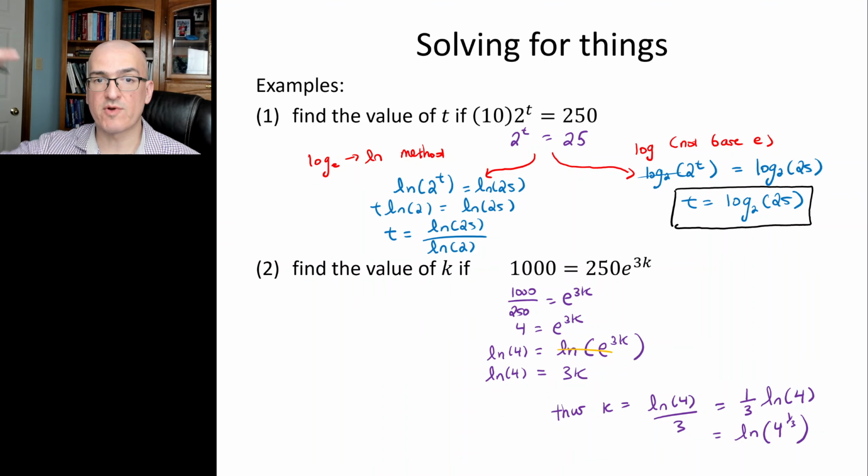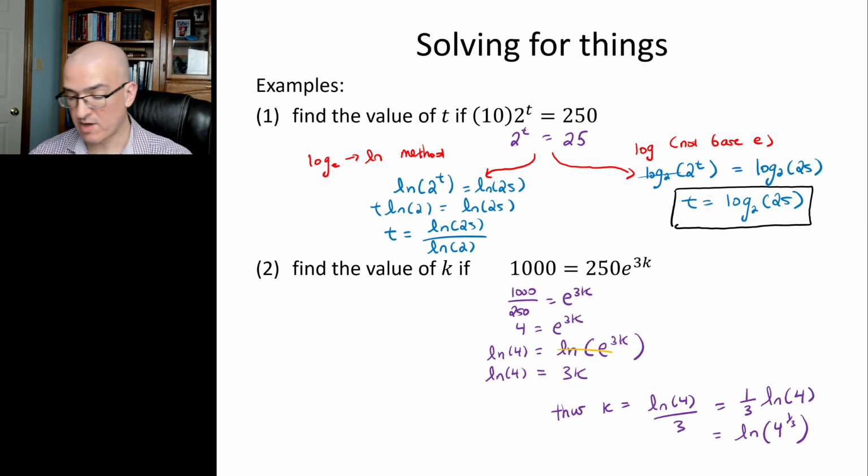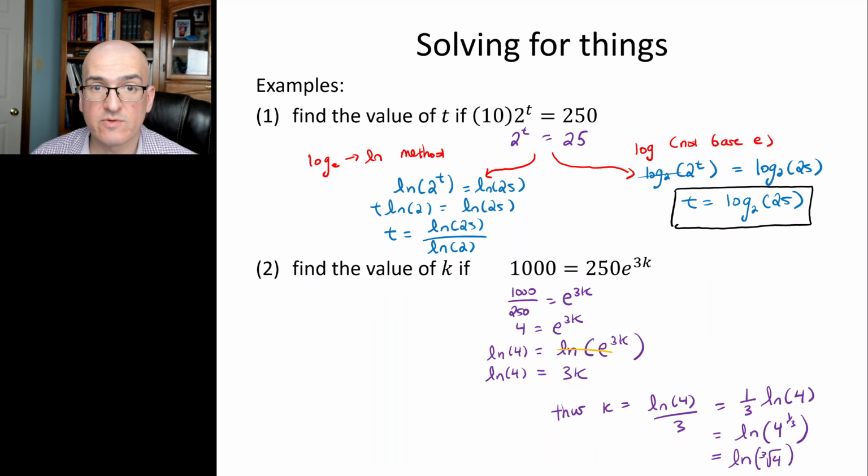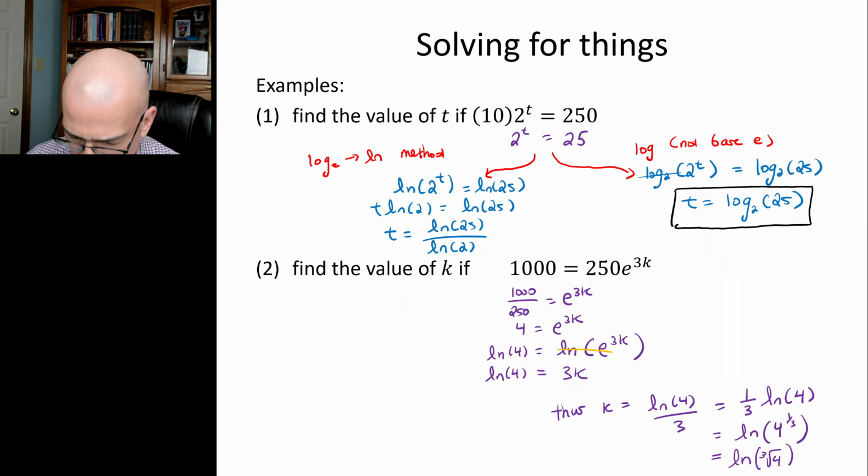Using that log property, bringing the coefficient in front up as a power. Now what can we do? Well, what does 1/3 power mean? It means cube root. So they're all equivalent. Ln of the cube root of 4. Now, there wasn't much utility to doing all that extra work at the end there because 4 doesn't cube root nicely, but if that was an 8, that'd be pretty nice.